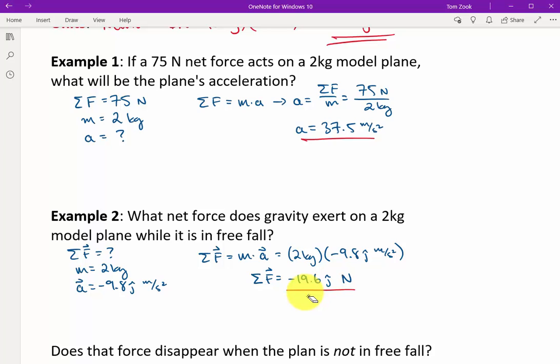Think about that. We're going to continue in another video with some more notes, but this time we're going to talk about weight, the thing that everybody gets confused with mass, the idea of weight, the force due to gravity. So stay tuned, and we'll check that out in another video.